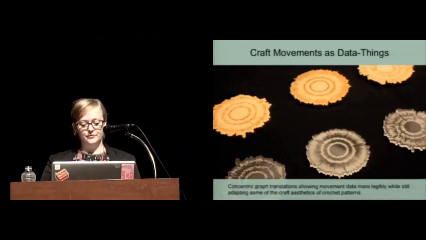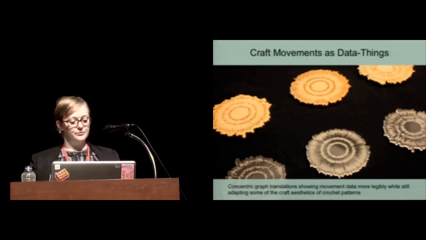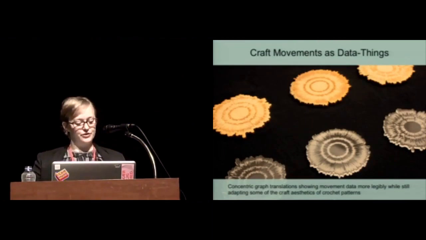In this second design, we chose to translate the X, Y, and Z accelerometer data into concentric radial graphs as a more direct, potentially more legible translation of the data, while still creating a unique shape that adapted some of the aesthetics of their craft, similar to some of the radial crochet patterns.